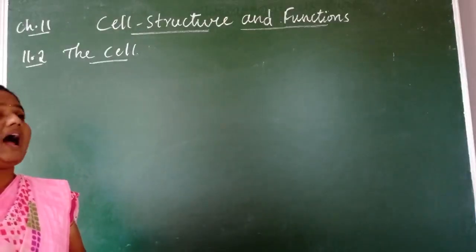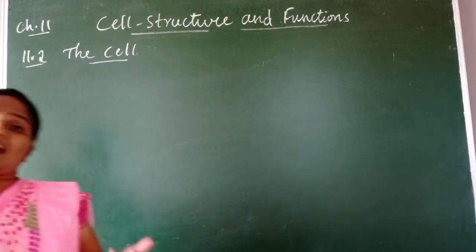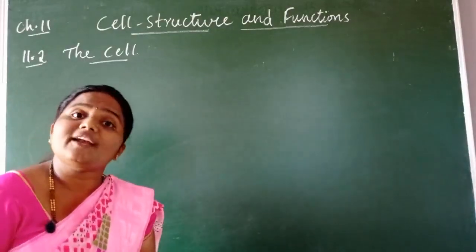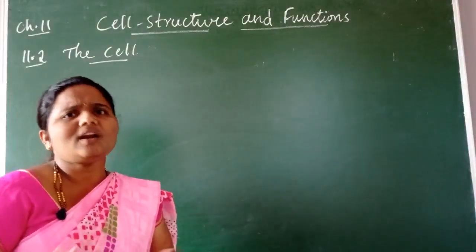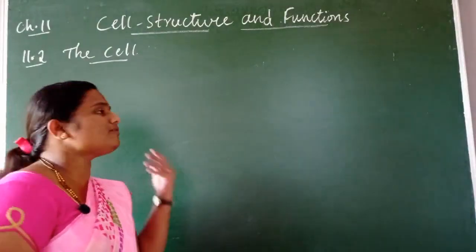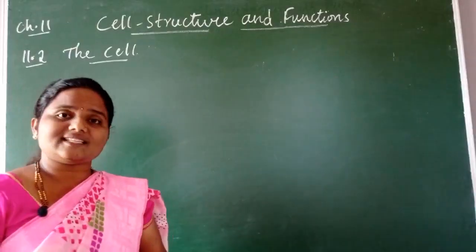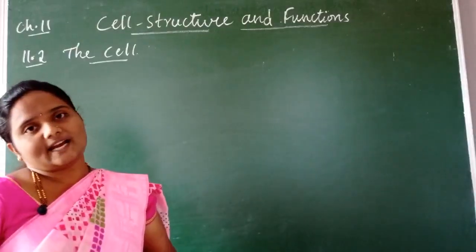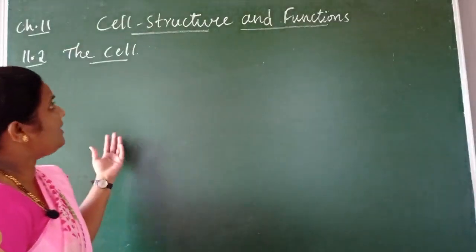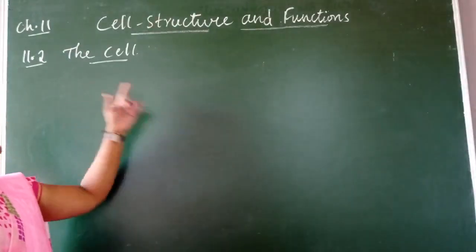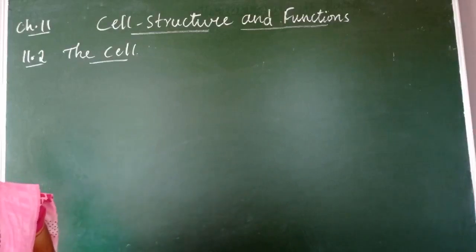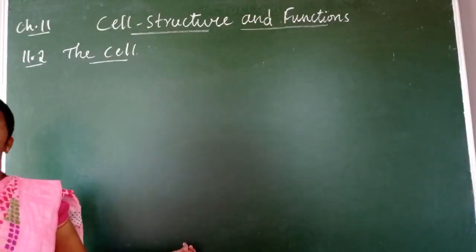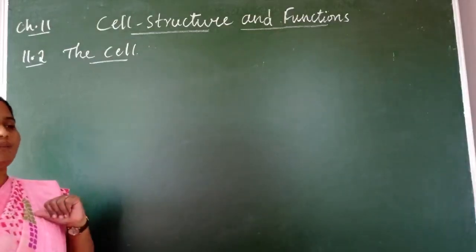Got it, children? And also the living organisms are different from one another, isn't it? We are totally different from one another because of different types of cells, and more than that, we will study. Okay, here the cells of different organisms differ, and they form a complex structure.